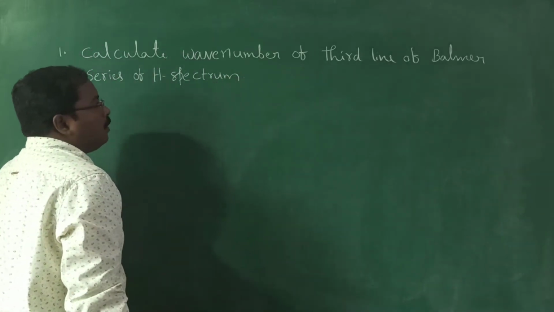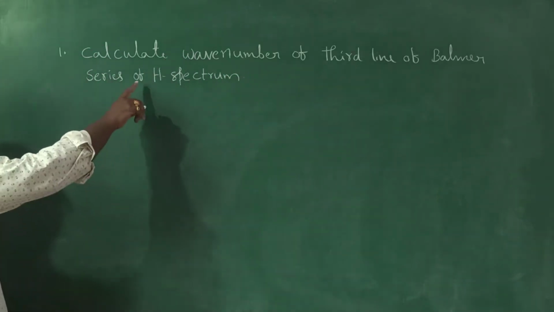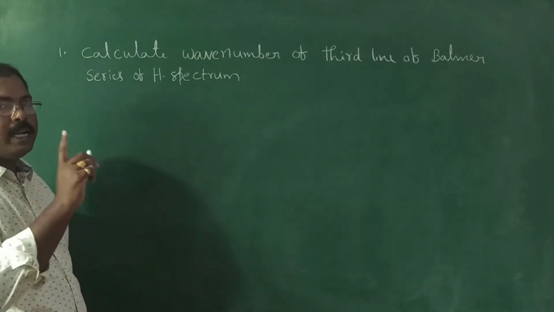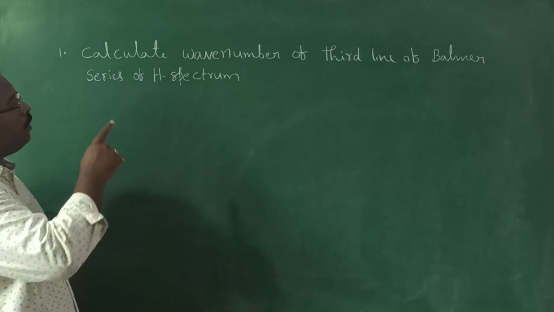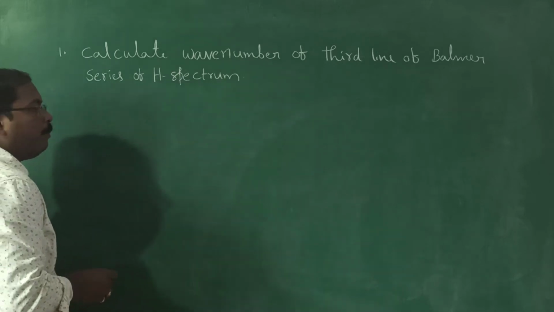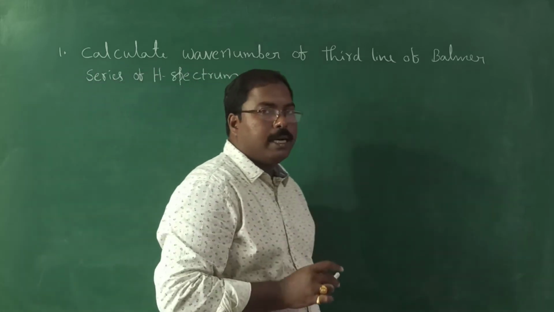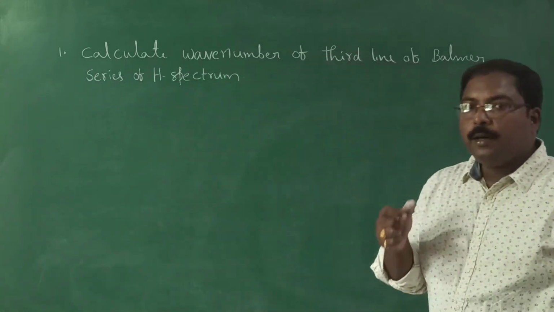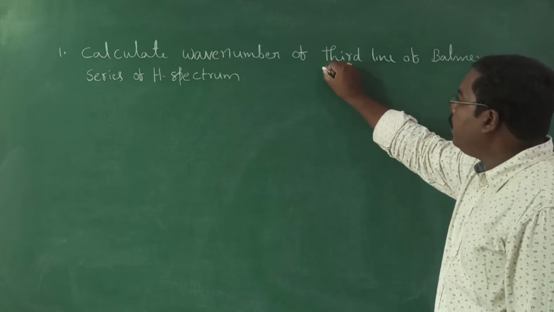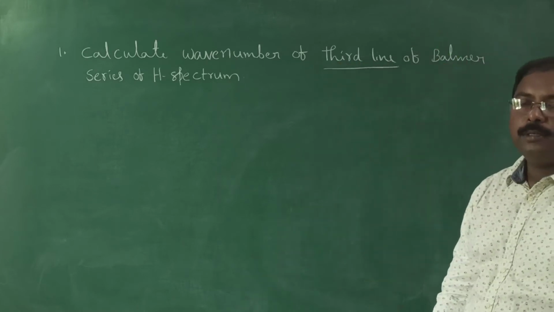Okay. See, hydrogen spectrum they have given, so the atom is hydrogen. So atomic number is 1. They are asking for wave number. We know the formula for wave number. Before substituting in the formula, first observe: what about N1 and N2 values?